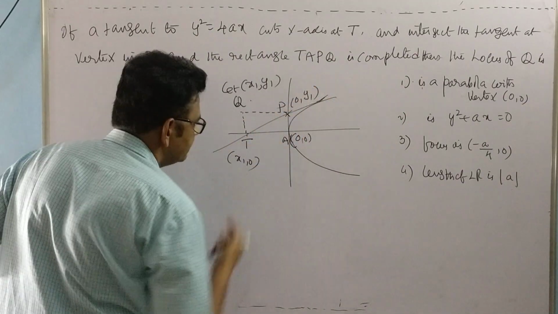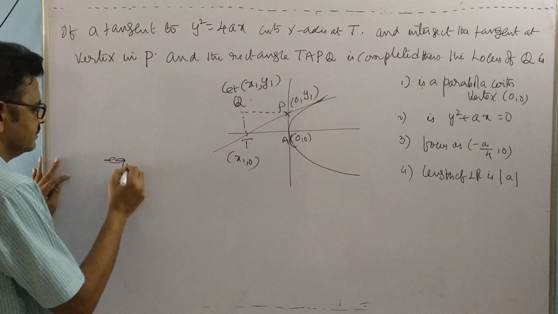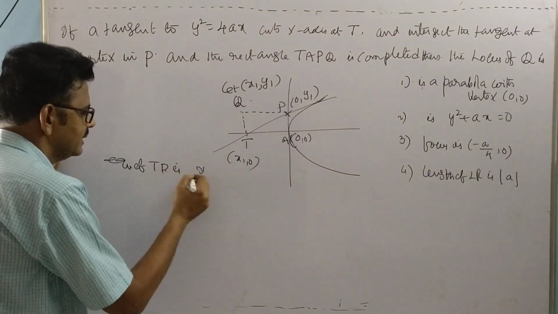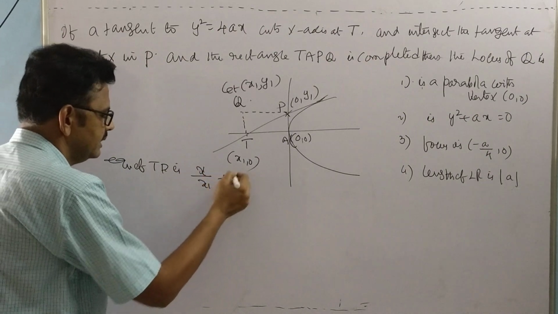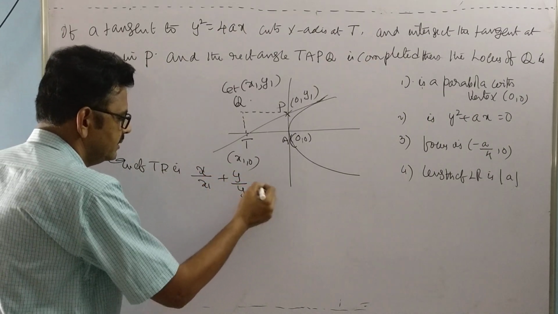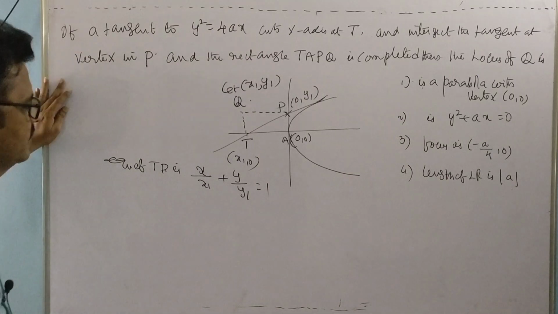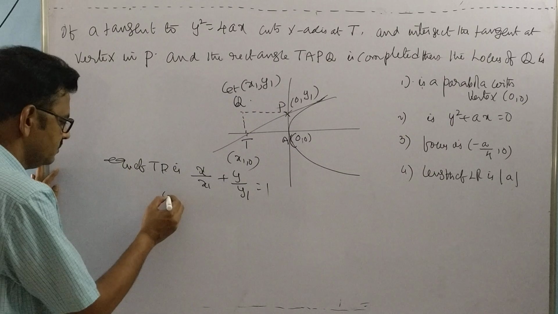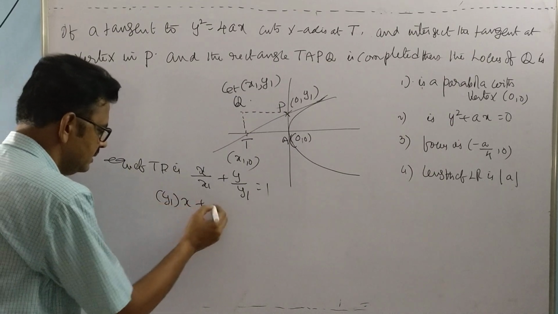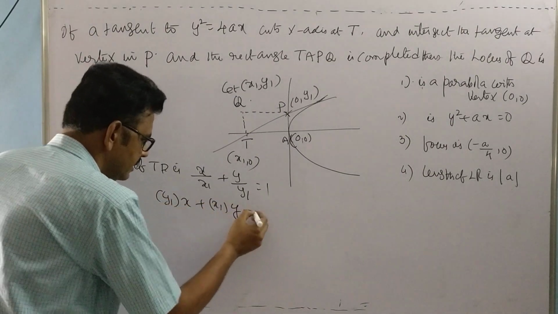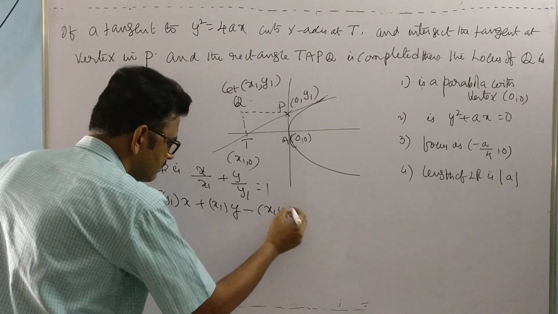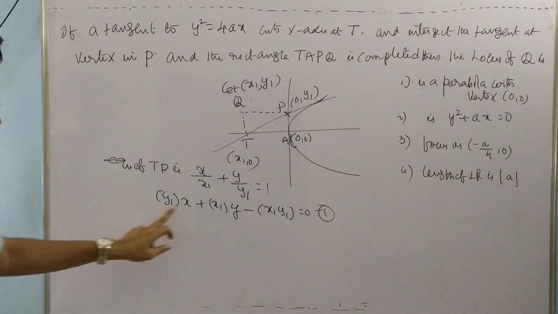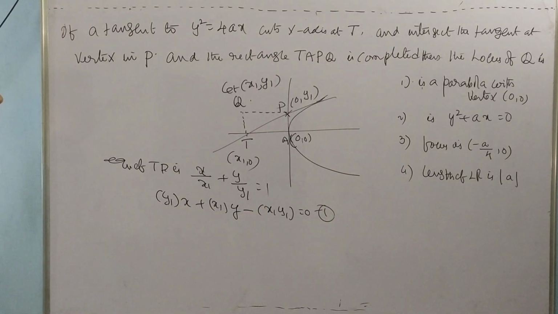Now equation of TP, in intercept form, is x by a plus y by b equal to 1. That is y1 x plus x1 y minus x1 y1 equal to 0. So this is lx plus my plus n equal to 0.